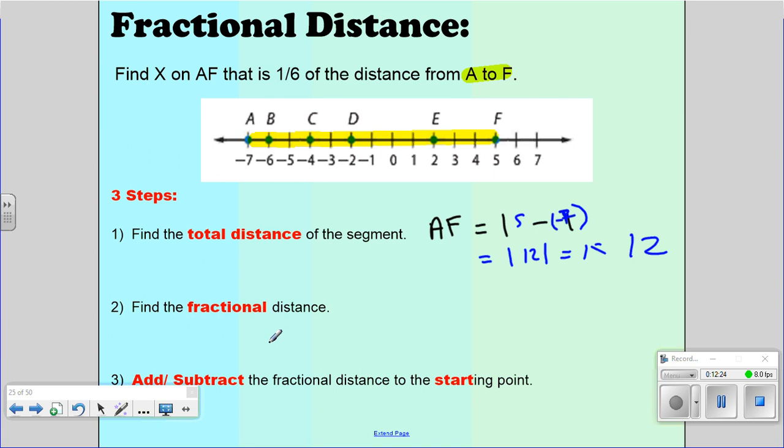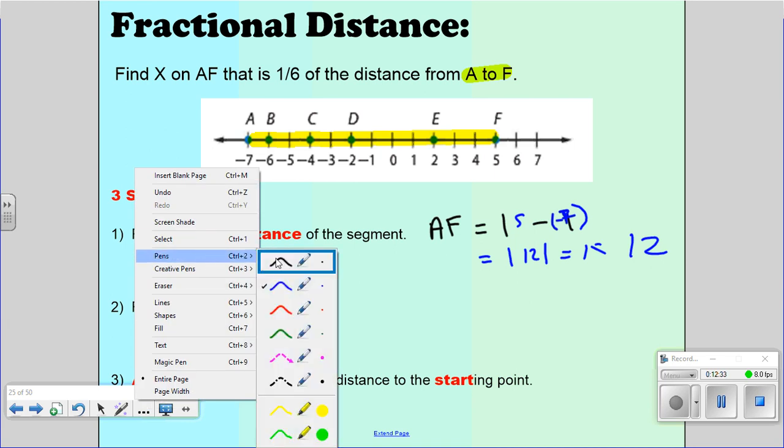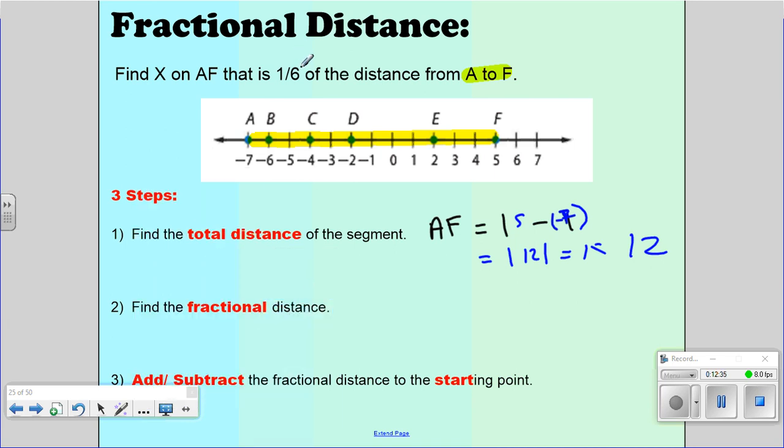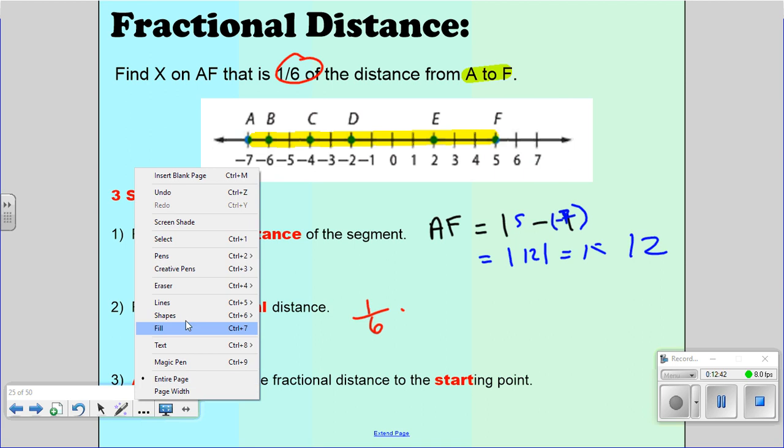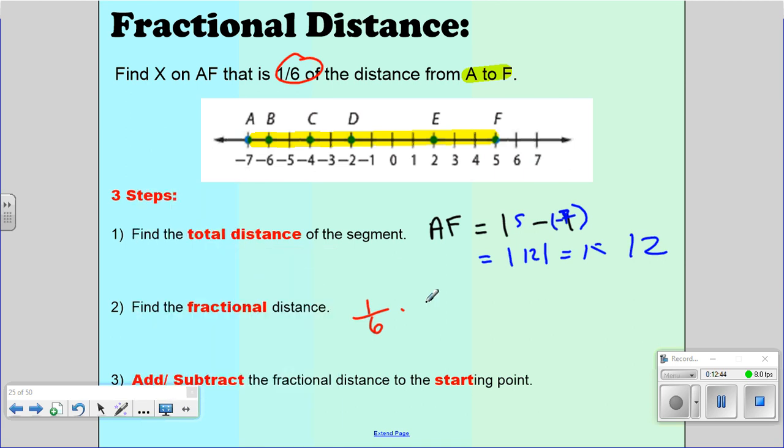The second step is to find the fractional distance. You find the fractional distance by taking the provided fraction in this situation, which is 1/6, and you're going to multiply it with the total distance, in this case 12.